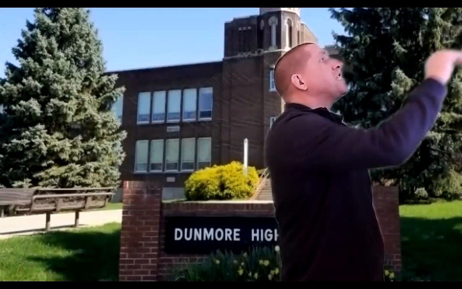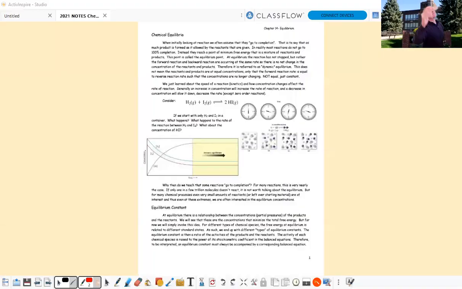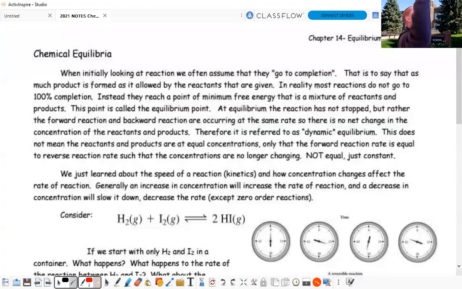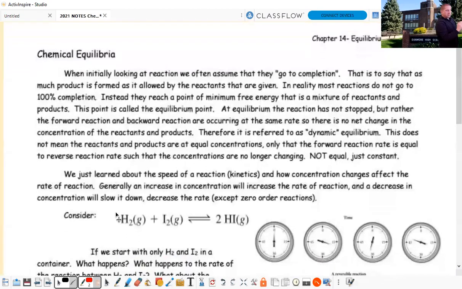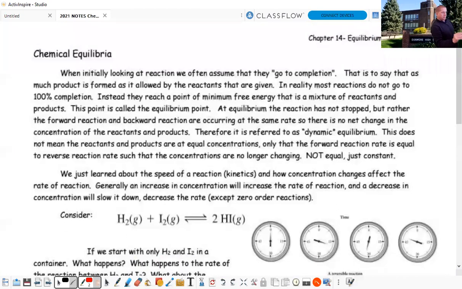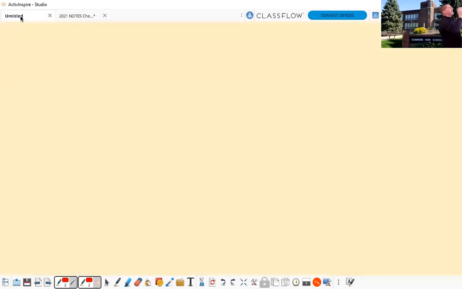Okay, so chapter 14, equilibrium. Something that we have never done before. I'm going to look at this equation right here. But it's pretty simple.